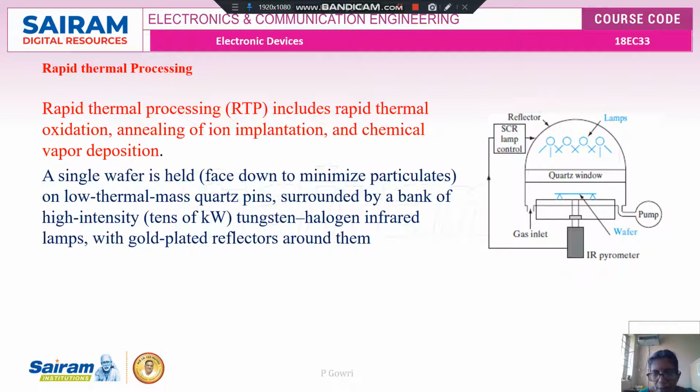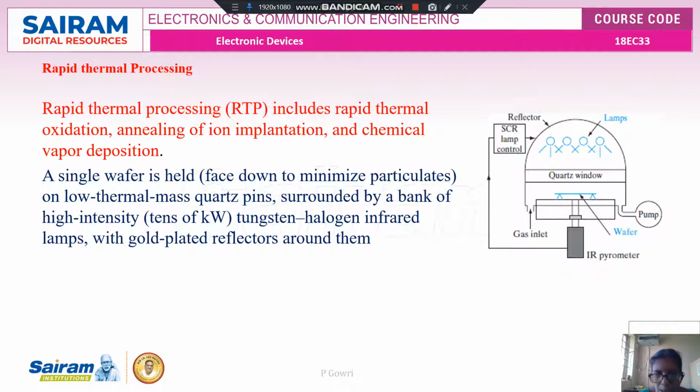Similarly, the time needed to reduce the temperature of the system will also be very high when it is happening thermally. So in RTP, we use light energy, that is, high intensity tungsten filament or halogen lamps are used as a source of thermal energy.